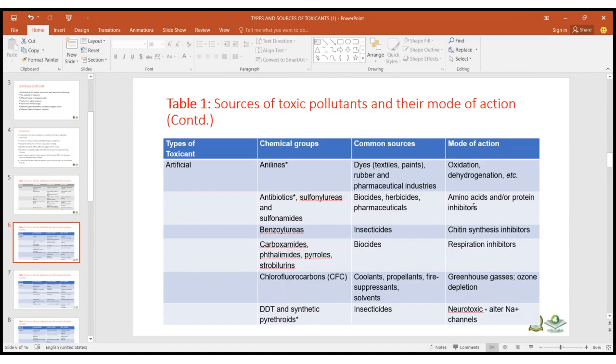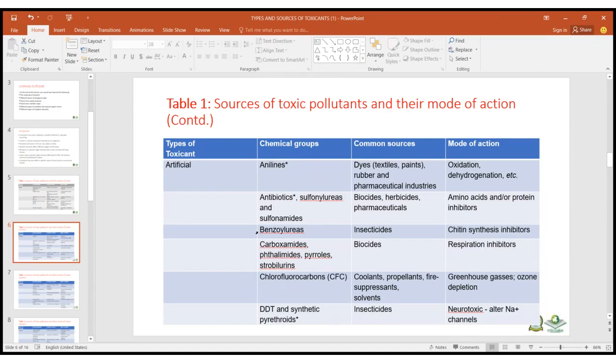They inhibit the activities of amino acids and proteins. Then we have the benzylureas. We also have the carboxamides. So you will just go through this when you download this slide. We also have the chlorofluorocarbons. This one is very familiar.